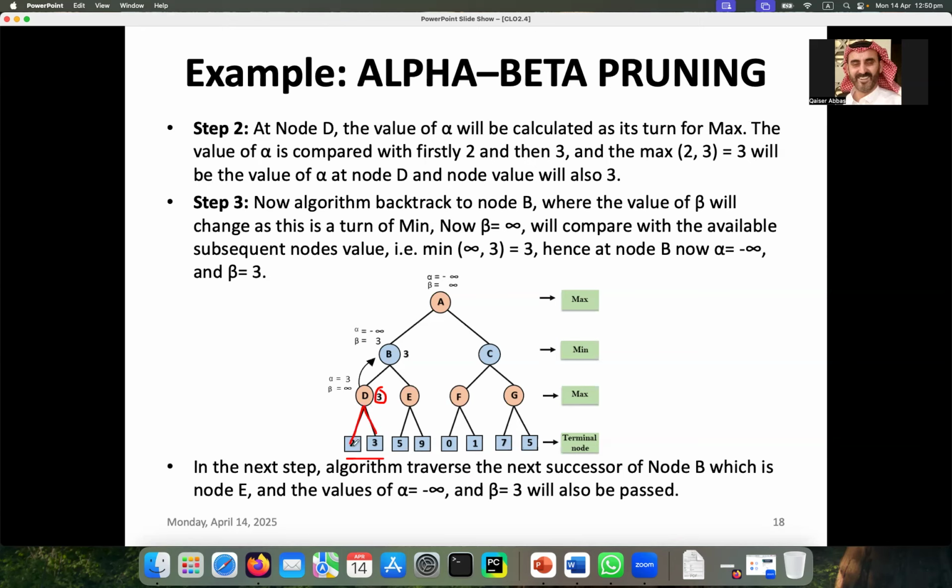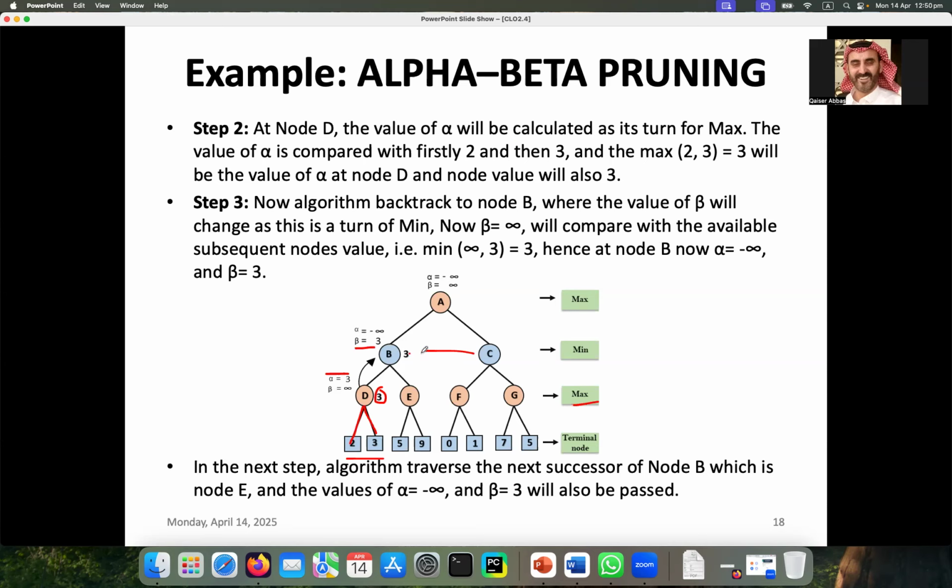I'm saying when this branch is done, this is the max. Max is alpha, so the value of alpha is 3, which is going up. And here it is the level of the min. So now this alpha value is becoming the value of beta. In this diagram, you have to think with respect to the min and max player, and then maybe you will understand it in a better way.